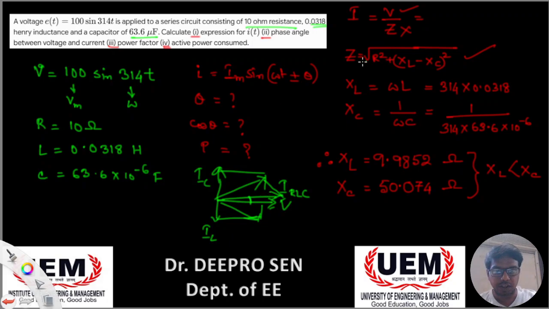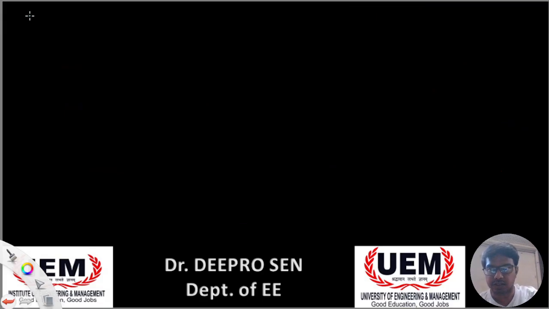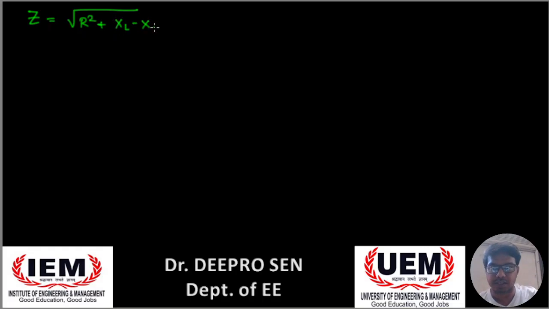So let us go ahead with the problem. First we need to find out the value of Z, right? So Z will be given by root over of R square plus XL minus XC whole square. Okay.